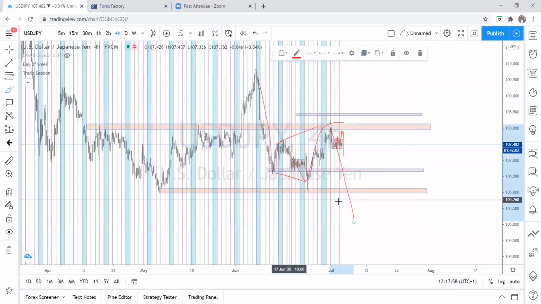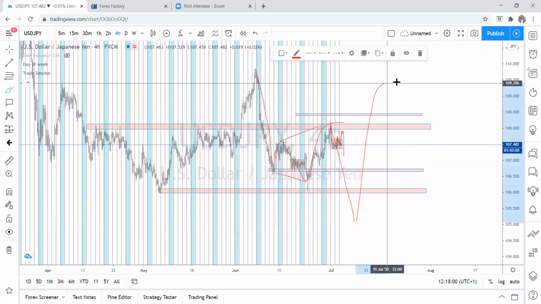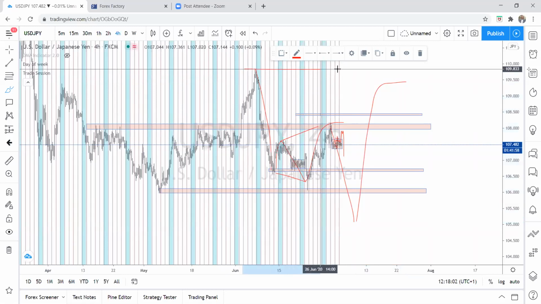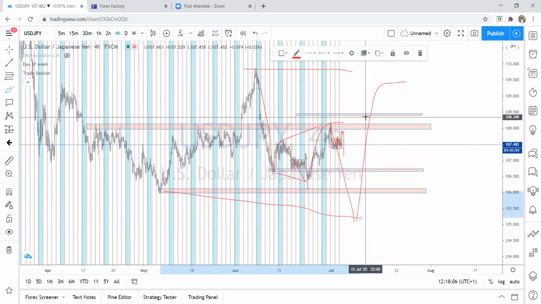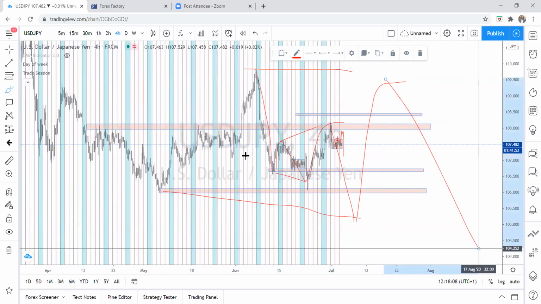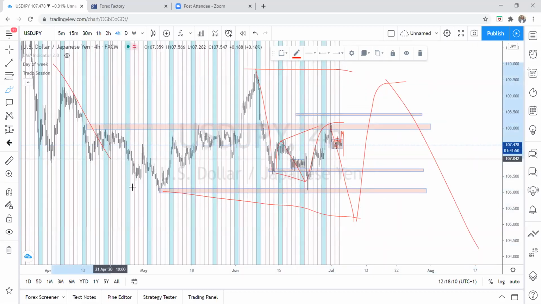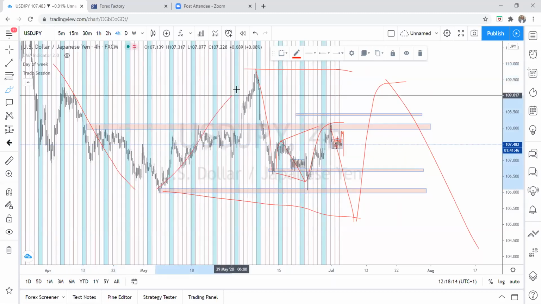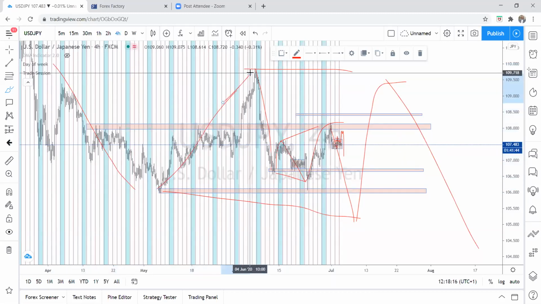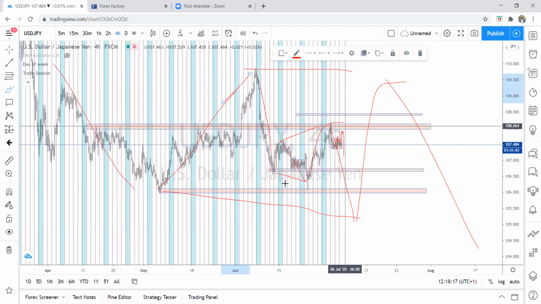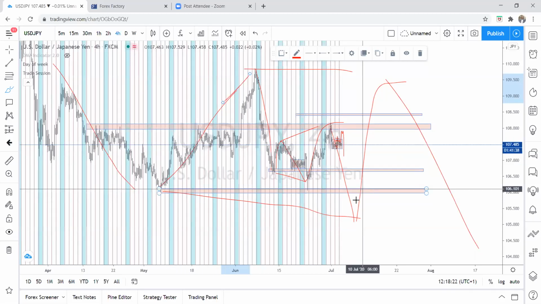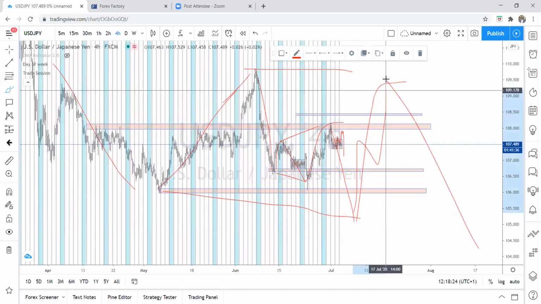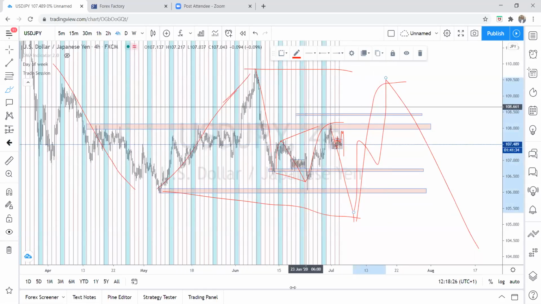It is after then you can have this move up to complete this structure, and then you have another drop down to balance this one up. This is a wave theory forecasting technique that I've just showed you. All this move that is happening here is part of a 3-wave WXY structure. Most likely this one will go this way, and this way again to complete the structure.